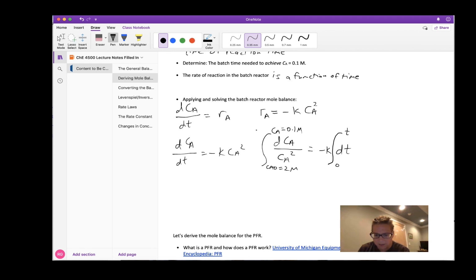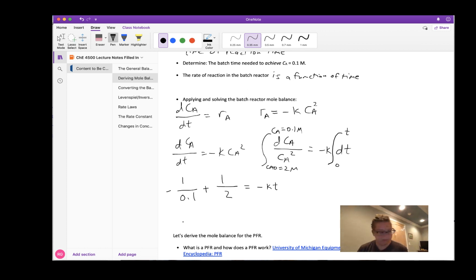And then, taking the fact that this is a definite integral, I can say minus 1 divided by 0.1 plus 1 divided by 2 is equal to minus kt. So I can say then that t is equal to all of this divided by minus k.